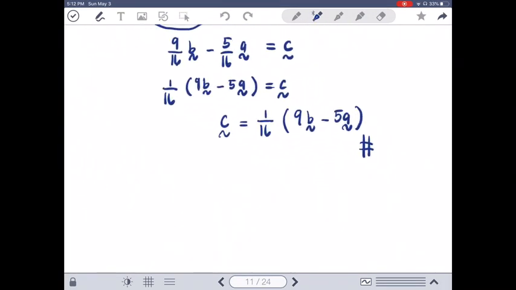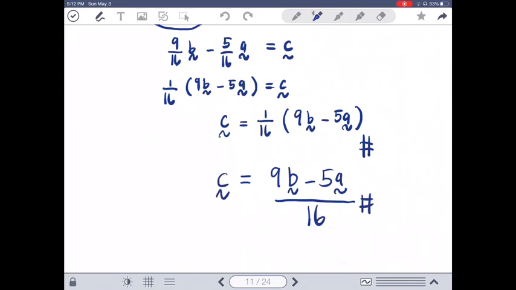Alternatively, you can write your answer as 9B minus 5A over 16. Still, you get the same answer.